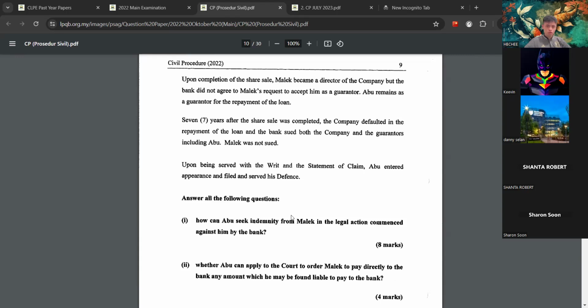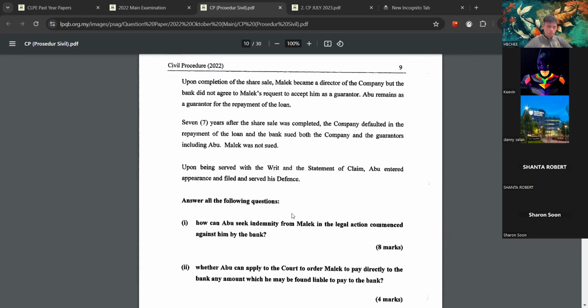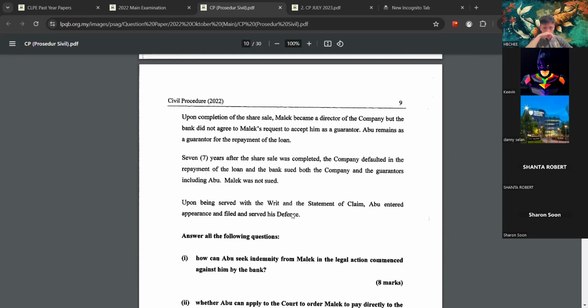So pursuant to your section 6, the tortious claim is 6 years. Your breach of contract is also 6 years. But now, being served, is it still within the 6 years or not?